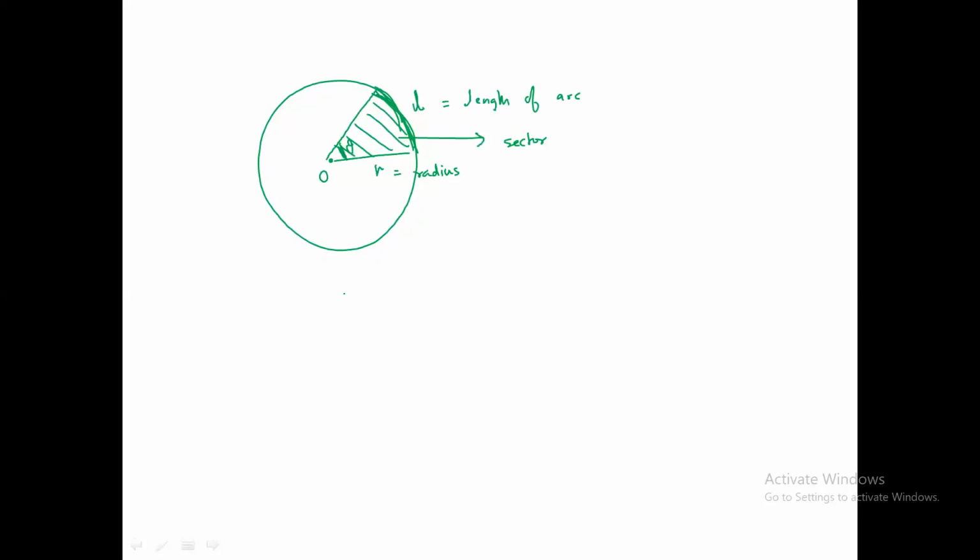So one formula you have is the length of the arc is r theta. Area of the sector is half r square theta. This is the area of sector formula. These two formulas you have learned in geometry, but in this lesson also you may use them.